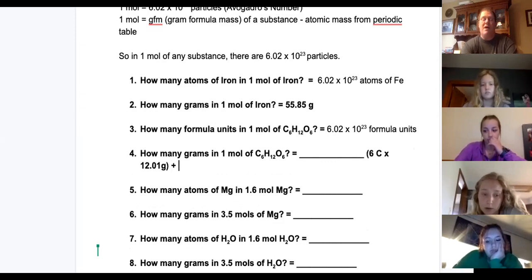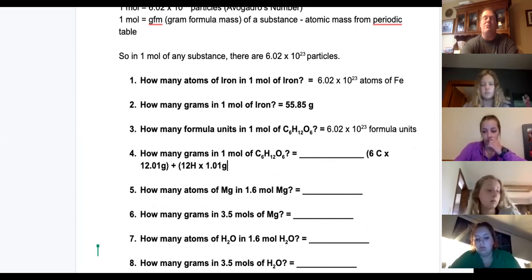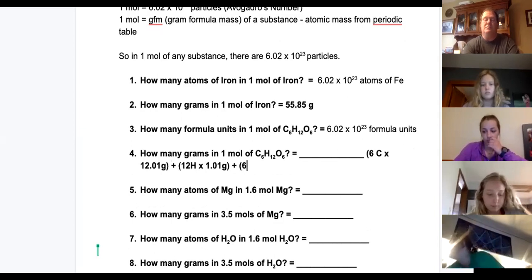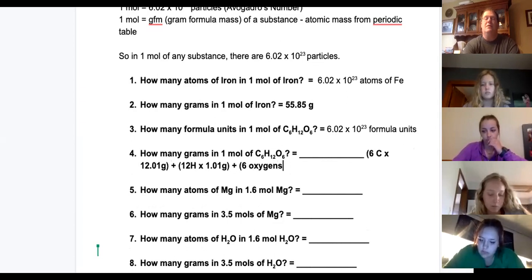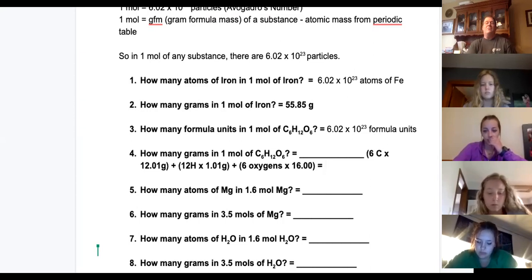And I have 12 hydrogens, and each hydrogen has a mass of 1.01 grams. Those numbers are just coming from the periodic table. And I have 6 oxygens, and oxygen has a mass of 16.00 grams. So we just have to break out the calculator, multiply, and add together.